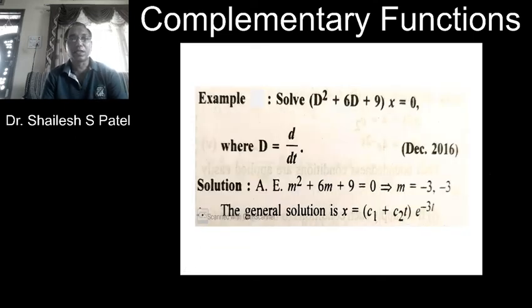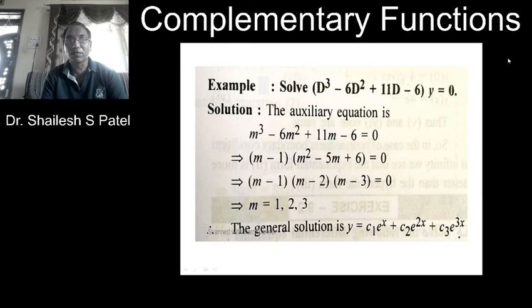Another example you can see, this is a second order differential equation, but here instead of y it is written x. In other problems like this, we were using y, where capital D means d by dx. That means y is the dependent variable and x was the independent variable.